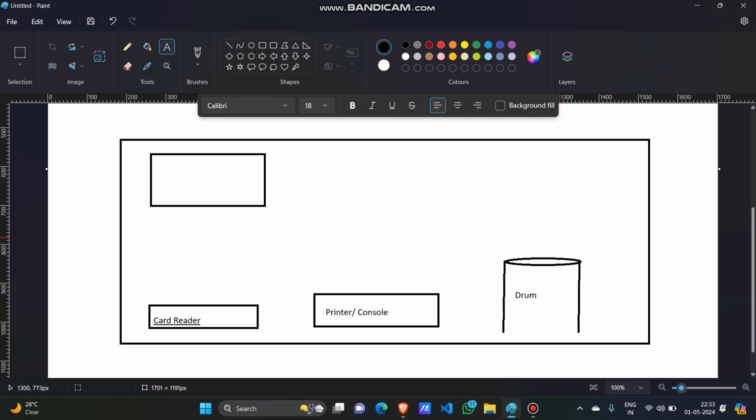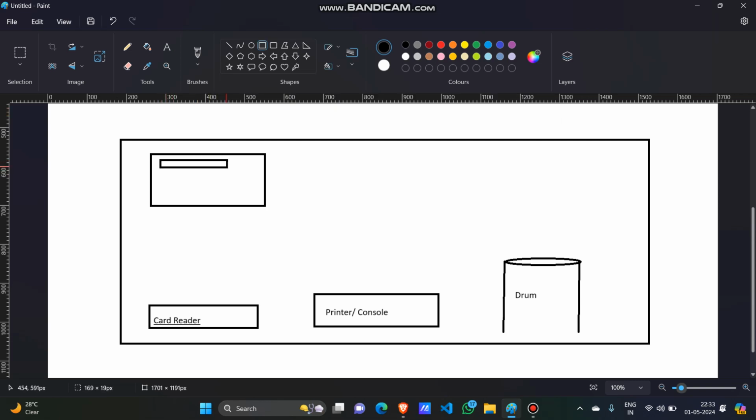Because we know that only one program can exist at a particular instance in our memory. So for that, rather than considering this as a main memory, we consider this section as a set of queues and buffers.